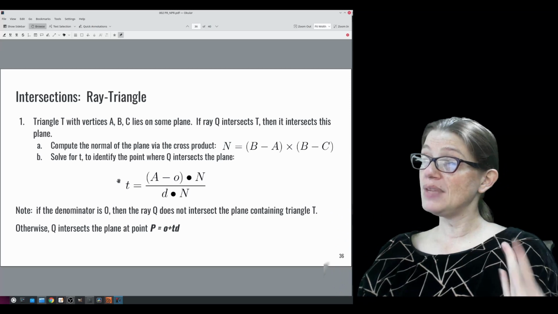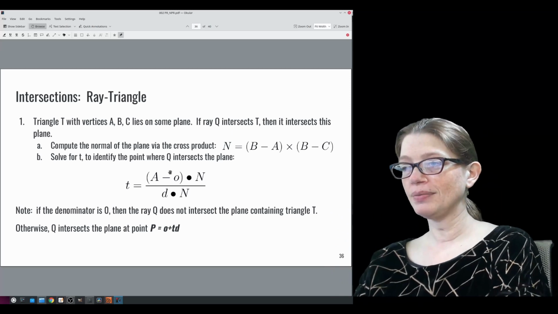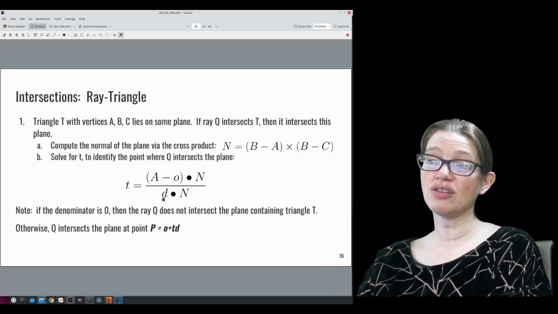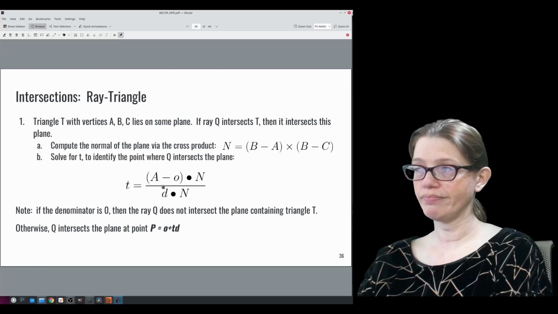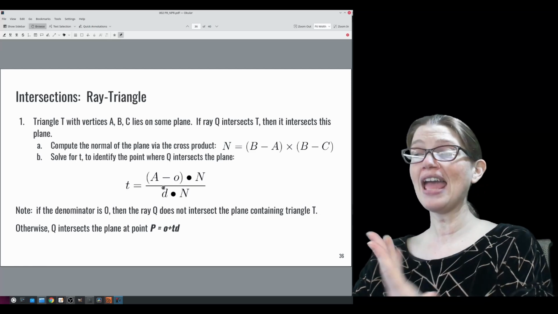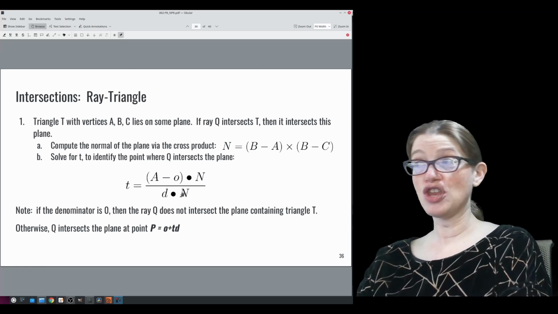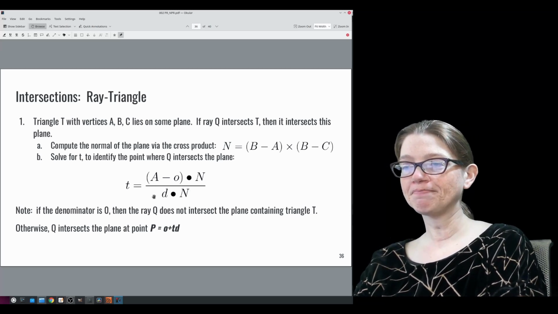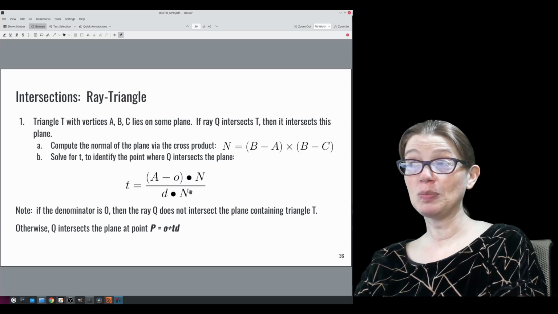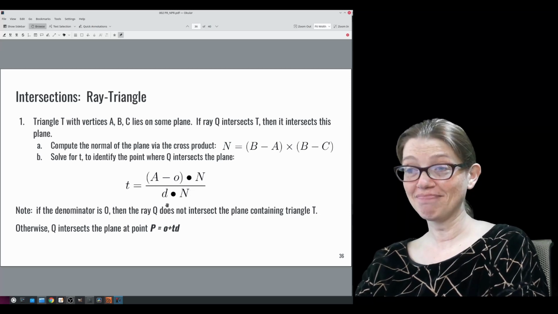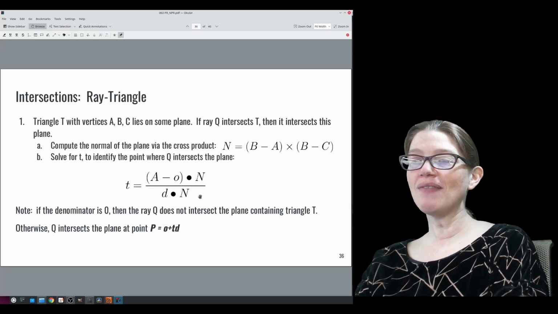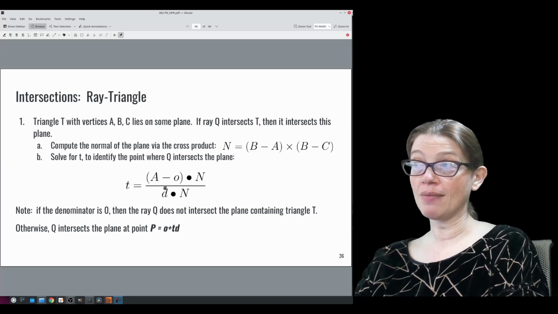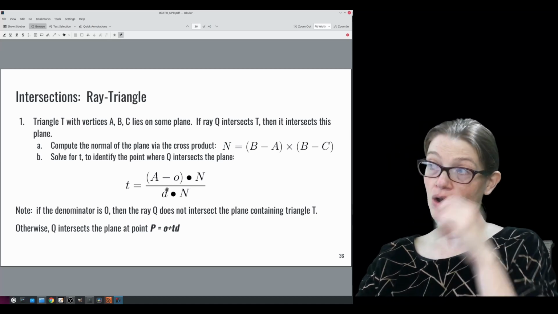So here's the issue that we might have. D, which is the direction vector of the ray, dot product with the normal might equal 0, which may mean it doesn't intersect. So if the denominator, the bottom, is 0, then there is no intersection.